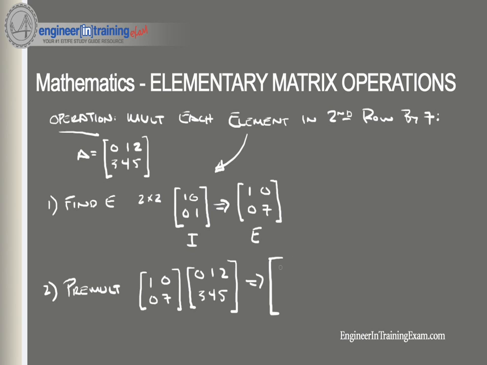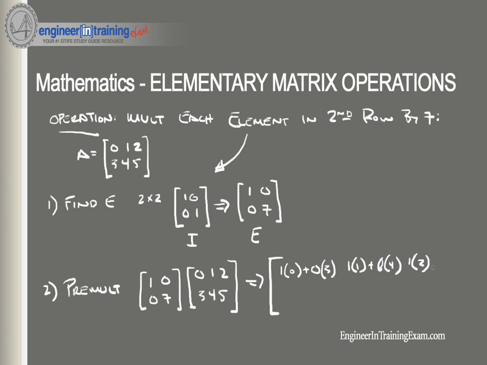Our second element in the top row is 1 times 1 plus 0 times 4, and our third element is 1 times 2 plus 0 times 5.